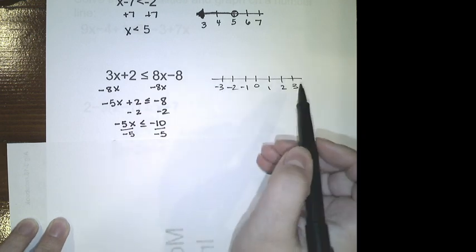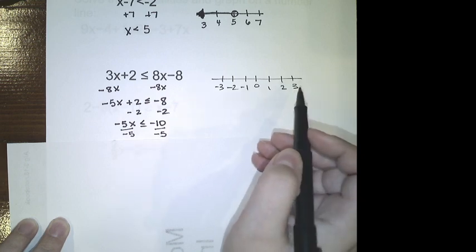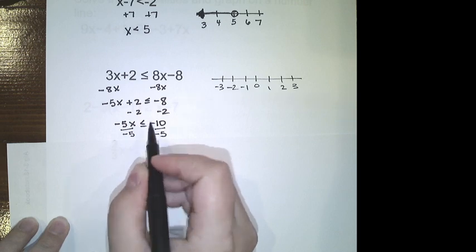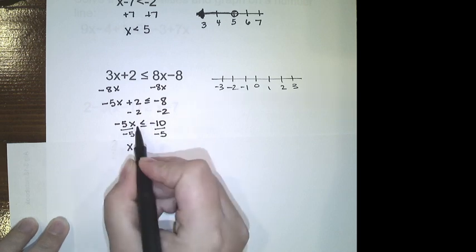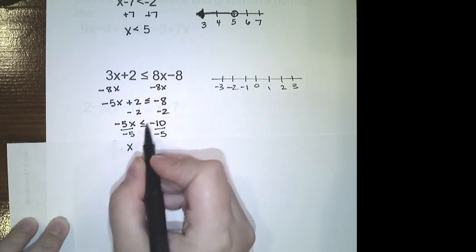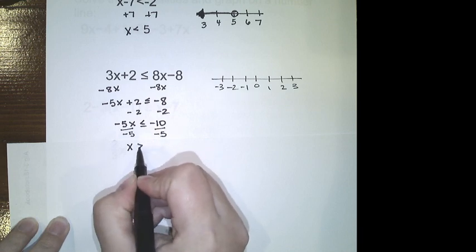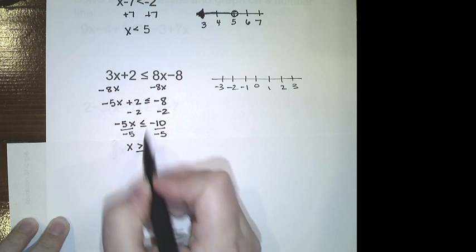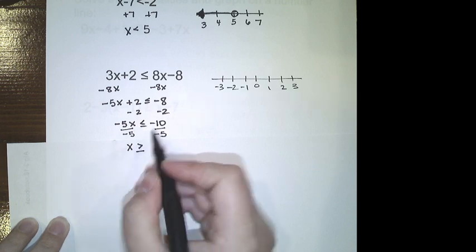Because it flips like that, we need to flip our sign. Every time we divide by a negative number, our inequality needs to flip direction. So it went from less than to greater than.